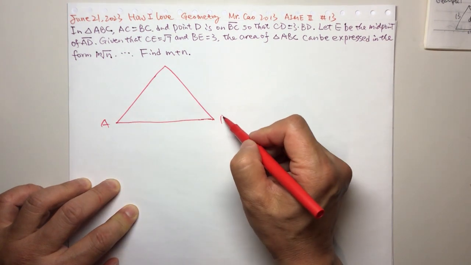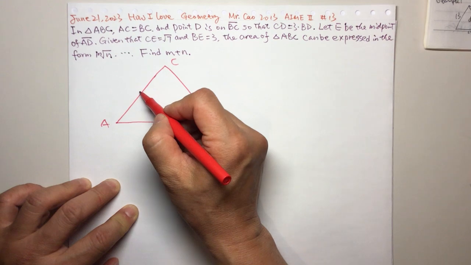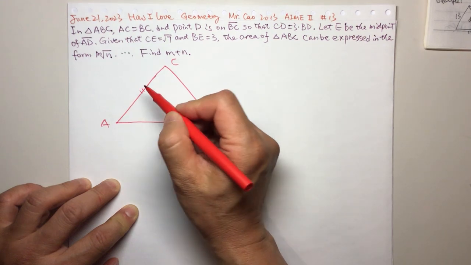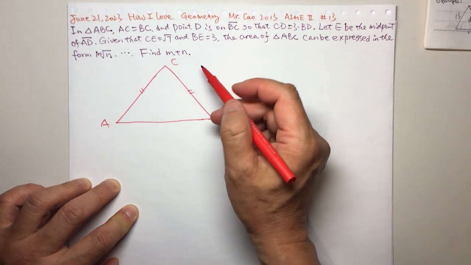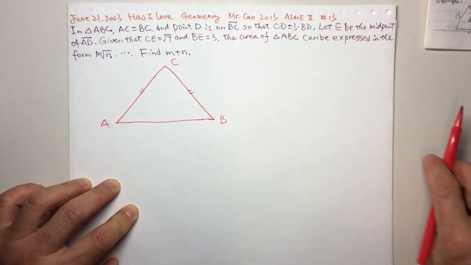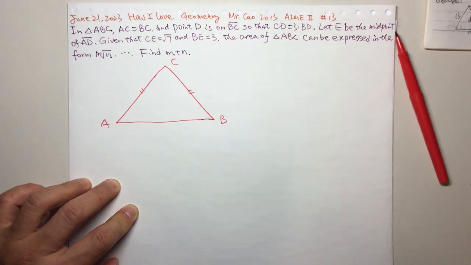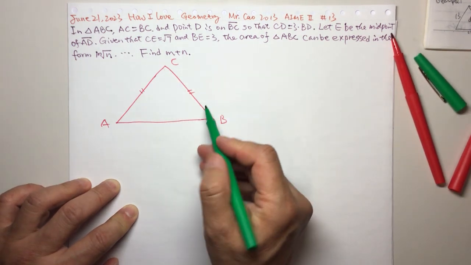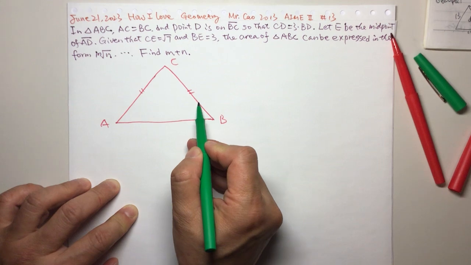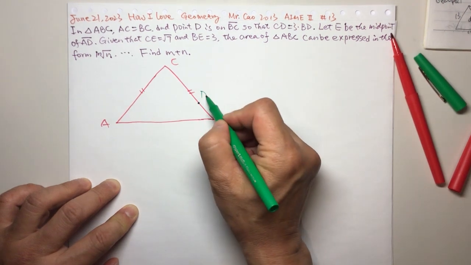A, B, C. So AC equals BC. And the point D is on BC, so that CD is 3 times BD, right?